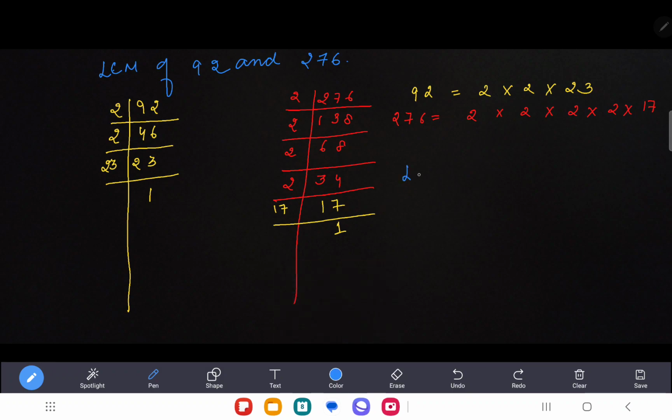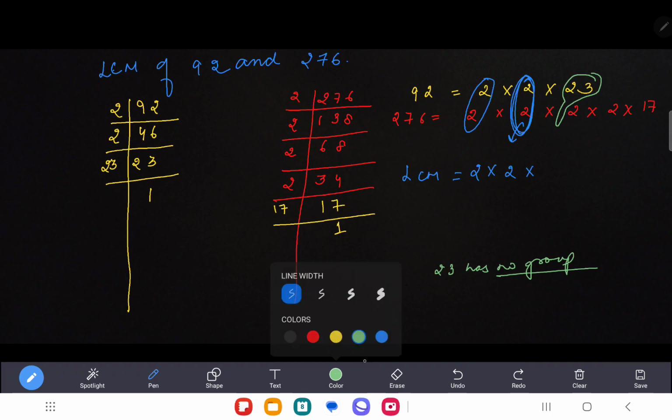Now what is the LCM? 2 and 2 is common in both of them. Write down that 2 once. Take out one, only 1, 2 common. But now you understand, this 23 is there, but there is no 23 here. So 23 has no group.